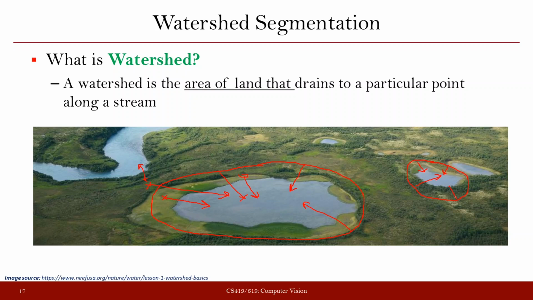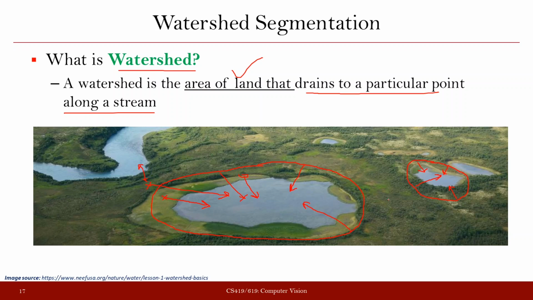So in a particular region or area of land where, when the water falls, it drains to a particular point along a stream, then all the points in that particular area make a watershed.